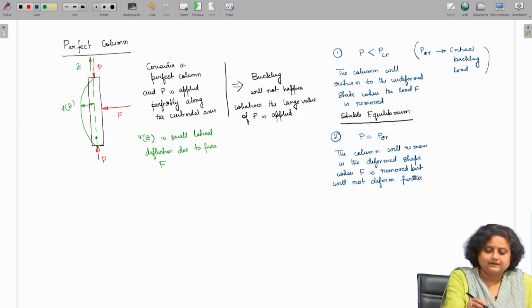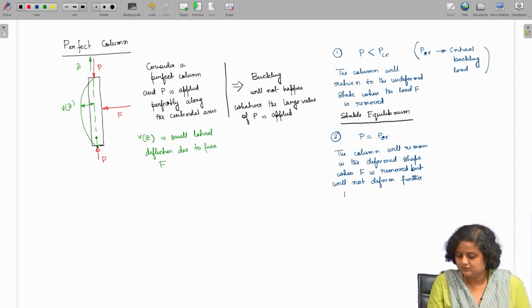And this gives us the neutral equilibrium condition.